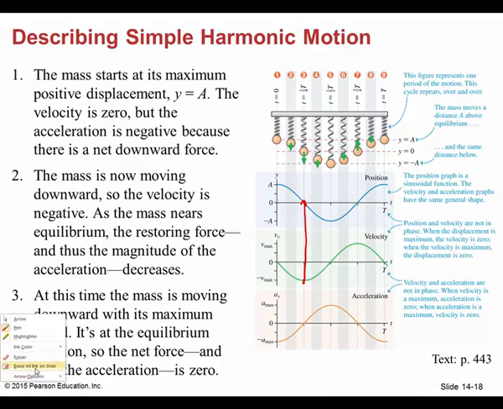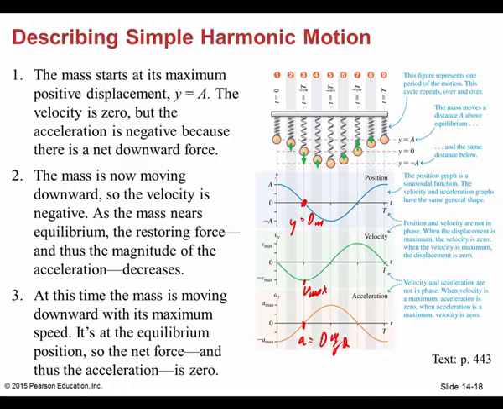Zero displacement, maximum velocity, and look, you have y is 0 meters, velocity is maximum, and acceleration is 0. Now you say, well, how can that be when you've got maximum velocity? Because remember, y'all, from Newtonian mechanics when we studied in 201, when you achieve maximum velocity, velocity is no longer changing, therefore you can't have acceleration. Okay? You can't have acceleration.